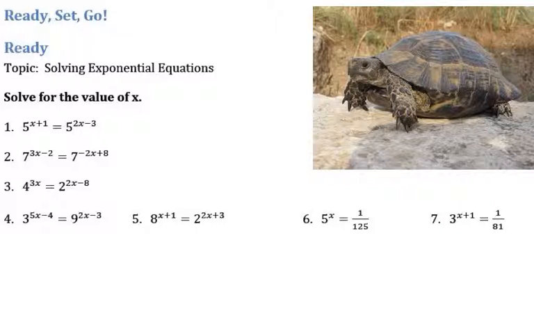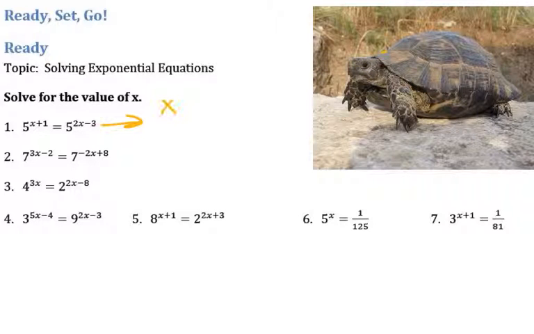And the thing is, you've got to remember that there's the base, that's the number on the bottom, there's the exponent, what it's raised to. Okay? So if I have two numbers like number 1 where the base is the same, and there's nothing else in that equation, I know that those exponents can be set equal to each other.